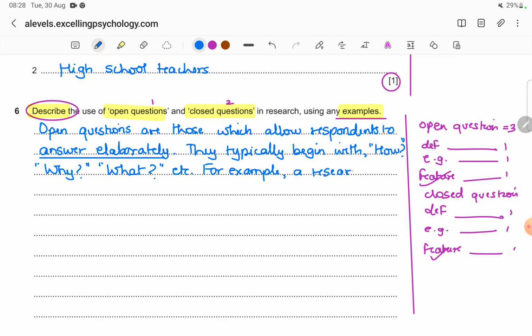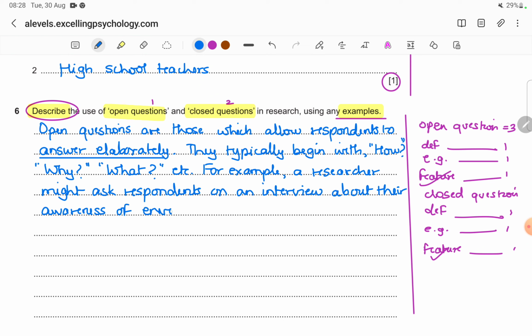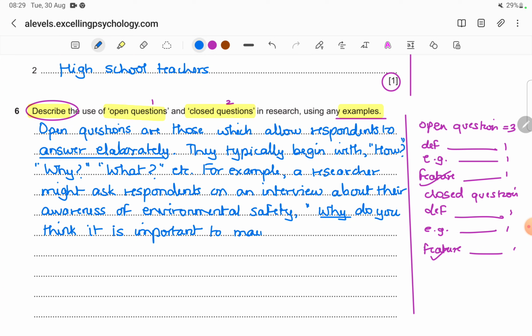A researcher might ask respondents in an interview about their awareness of environmental safety: why do you think it is important to maintain a clean environment?